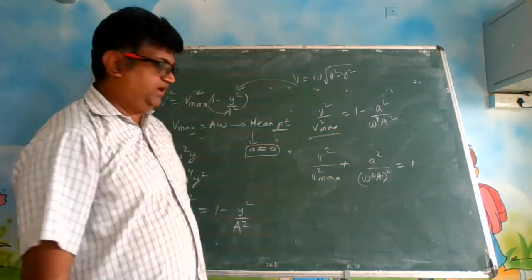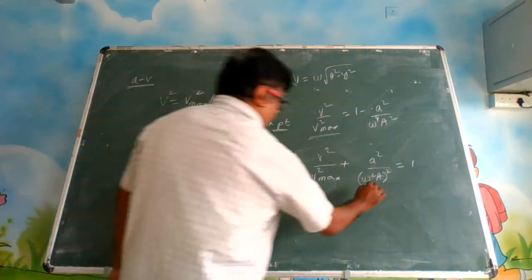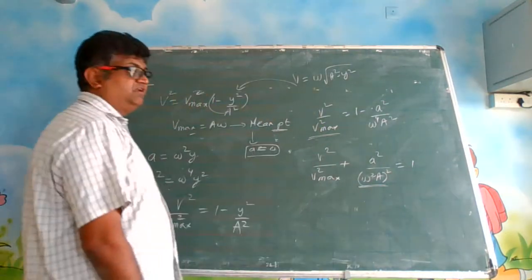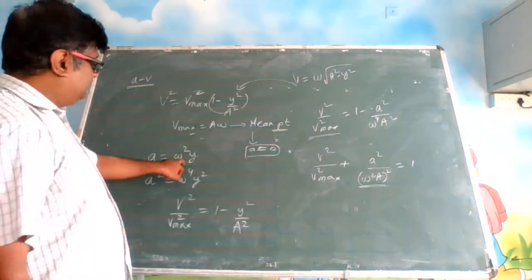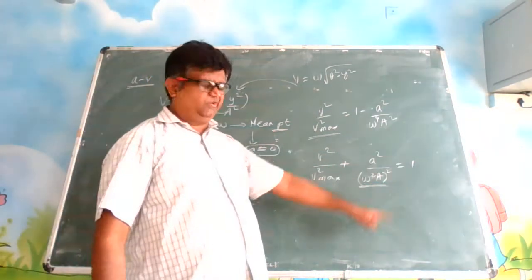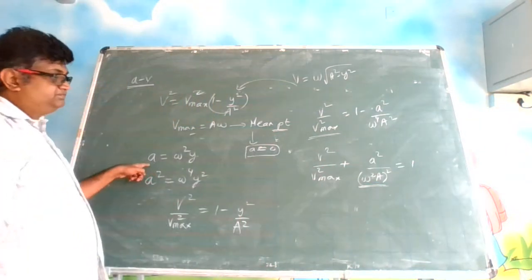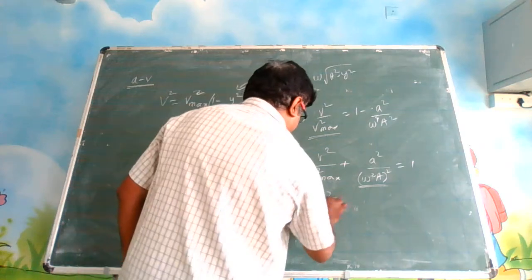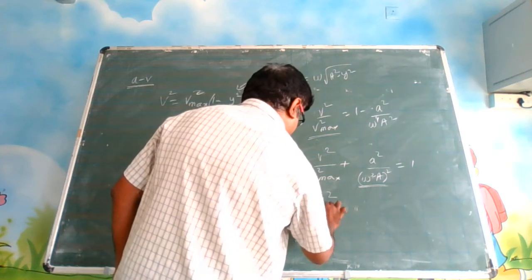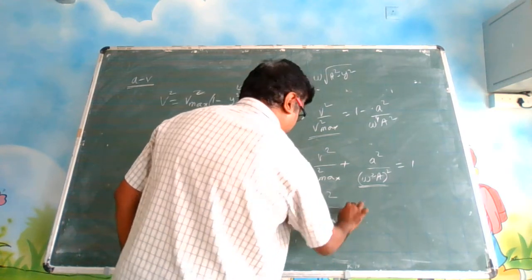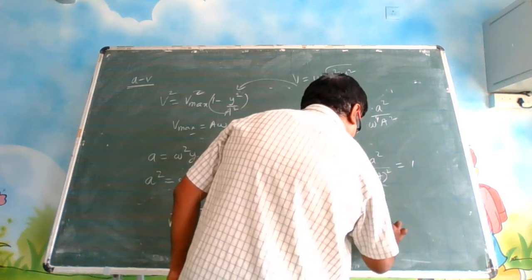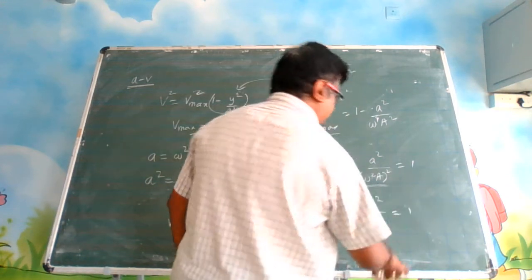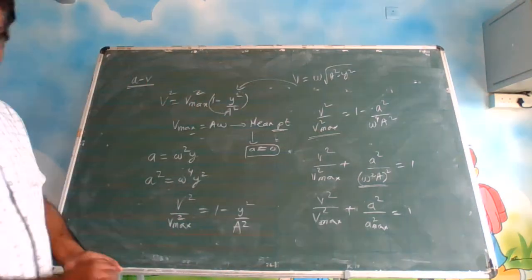This is an ellipse equation, and can I call this maximum acceleration? See, a is equal to omega square y. When y becomes capital A, which is amplitude, a becomes a max. So this becomes v square by v square maximum plus a square by a maximum whole square is equal to 1. Okay?